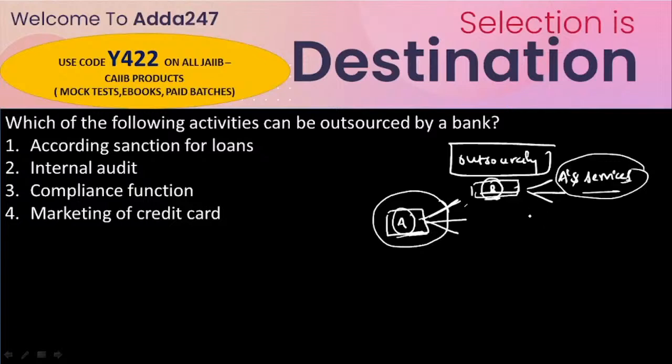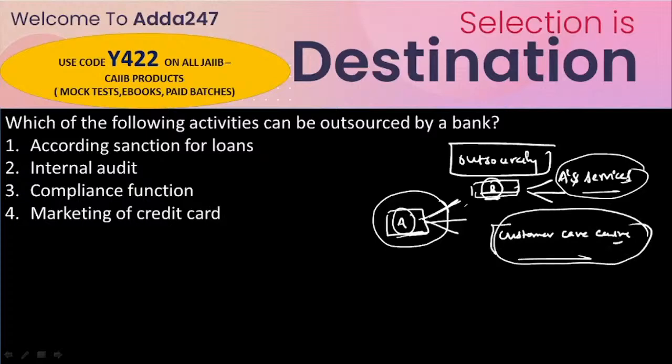If we are talking about the bank, the customer care center is basically outsourced by the banks. It is another company that is hired by the banks, and that company handles the customer care portal of the bank.